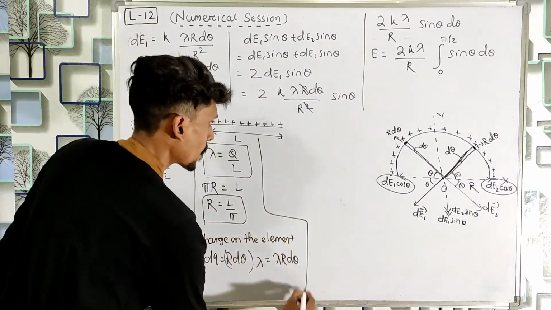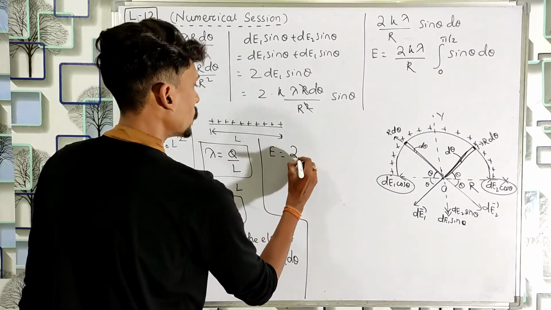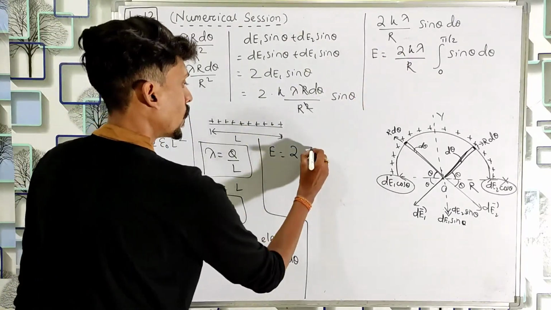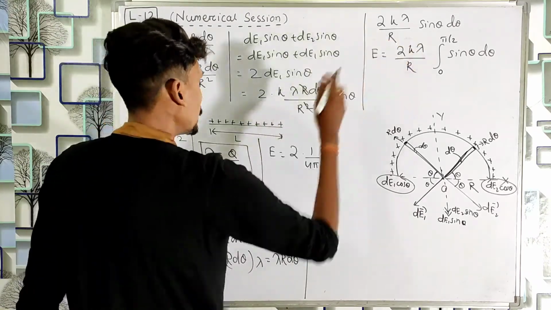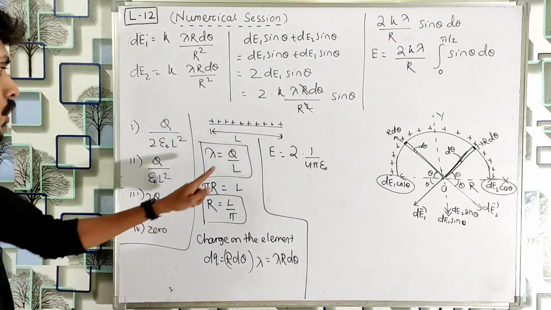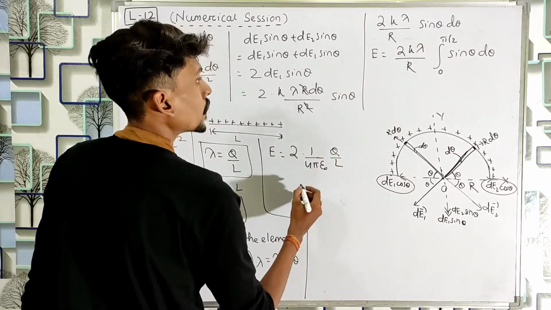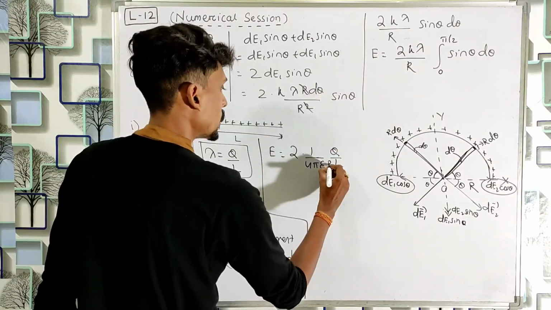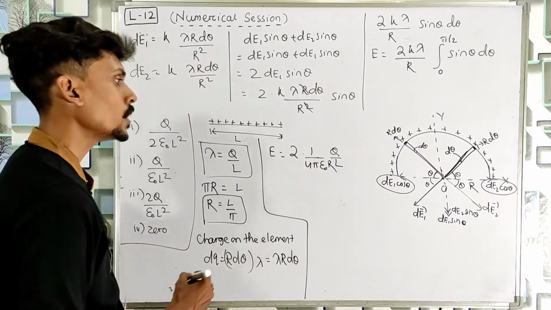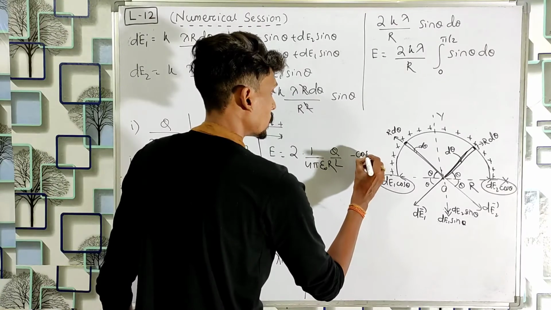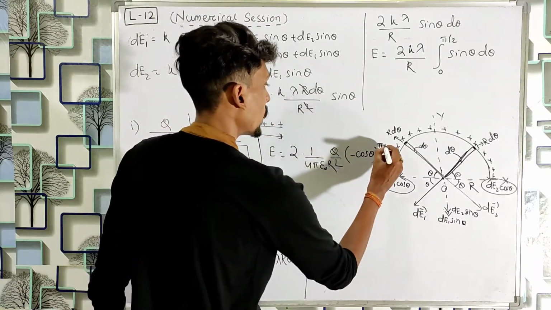So what is the expression for E? E equals 2 into k, where k is 1 by 4 pi epsilon naught. Lambda is how much? Lambda is q by L, and here we have r, so write r here, and the integration of sin theta d theta will be minus cos theta, and the limits are 0 to pi by 2.